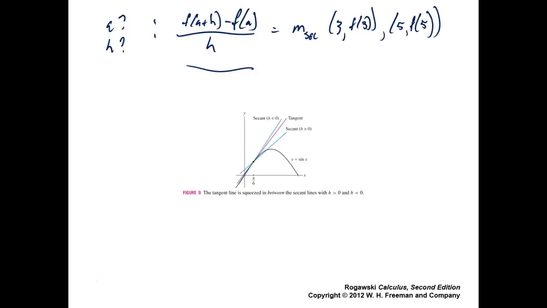Okay. Now they don't give you values there, they just give you representations of the values. So let's first calculate what m secant is between those 2 points. You know what that is, right? Slope of line between 2 points.